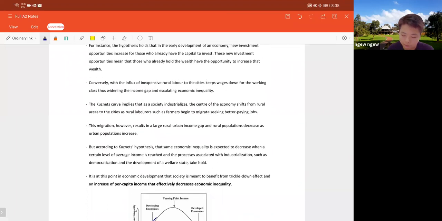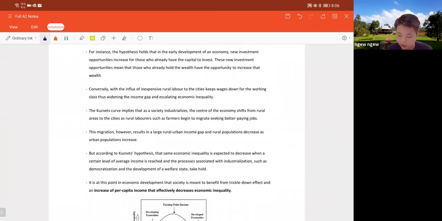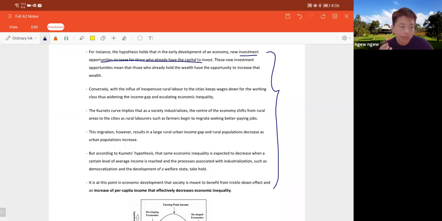So guys, these are the explanations. At the beginning, when the country first grows, first achieving development, the opportunities will be obtained by those people who have ready capital, which means those people who have abundant capital, money available, they will grab the opportunities to invest.